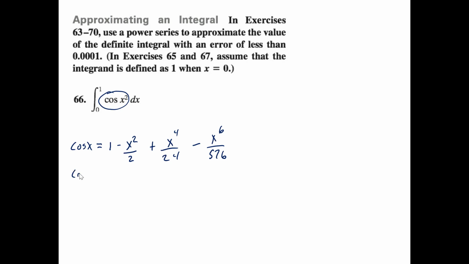And so then the cosine of x squared, we just replace x with x squared, and we get 1 minus x to the 4th over 2 plus x to the 8th over 24 minus x to the 12th over 720.